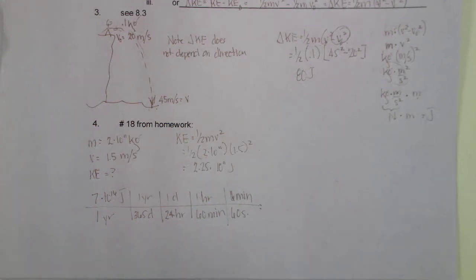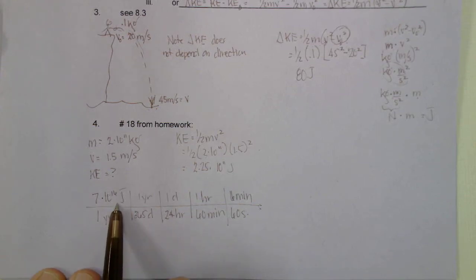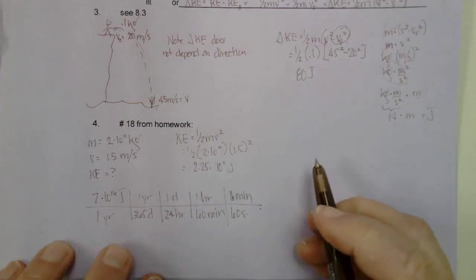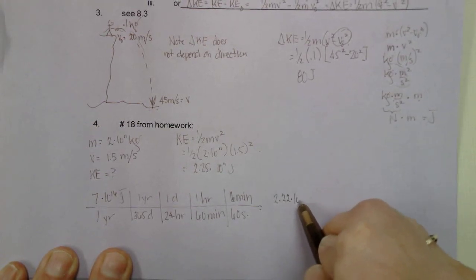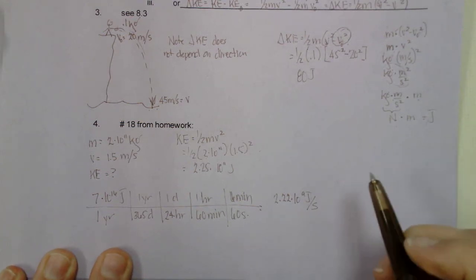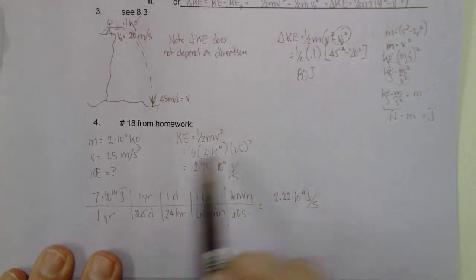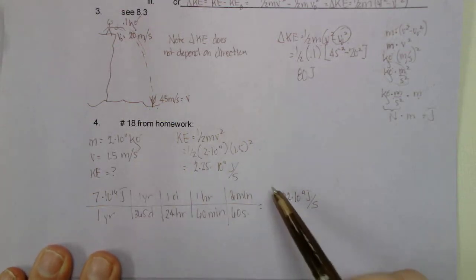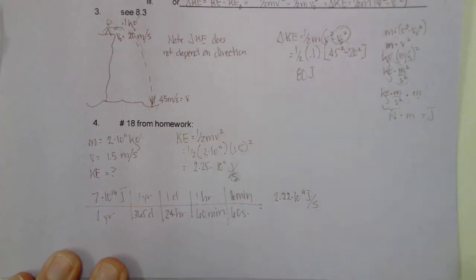So the total amount used, it was this much in a year. In a second, the conversion is going to be 2.22 times 10 to the 9th joules per second. This is the number of joules that is used in every second.